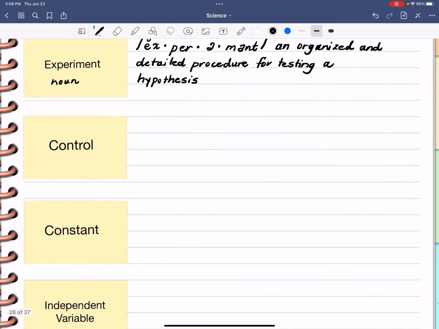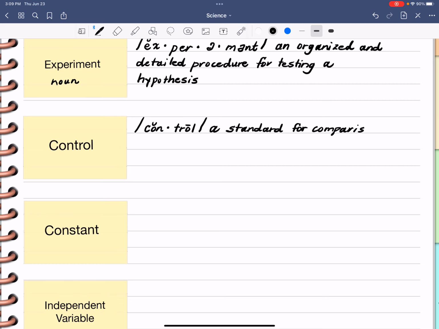Control is the next thing. So we have control. So I have an ah and an o sound, 2 syllables. Control is a standard for comparison. Now this can sometimes be used as a verb. It can be an action.